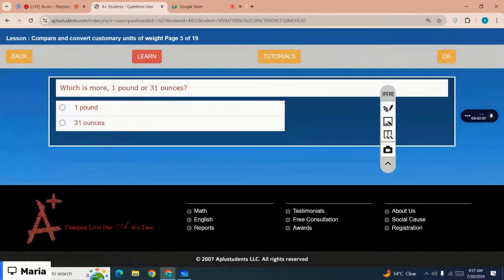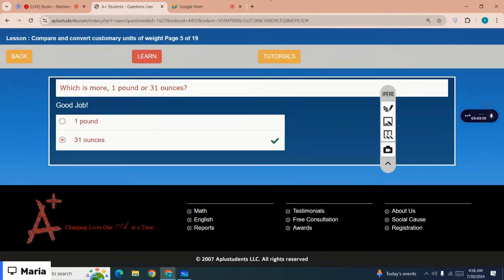Which is more, 1 pound or 31 ounces? Which is the correct option? 31 ounces is more. In 1 pound, you have just 16 ounces.